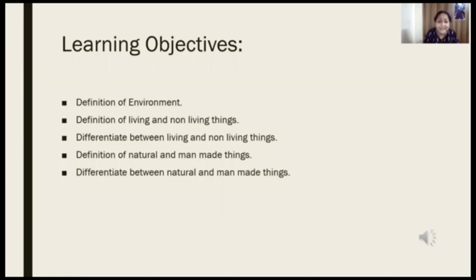Differences between living and non-living things. Next one, definition of natural and man-made things. Some things are natural, some things are made by human beings. So we will learn about that. Next one, differentiate between natural and man-made things.